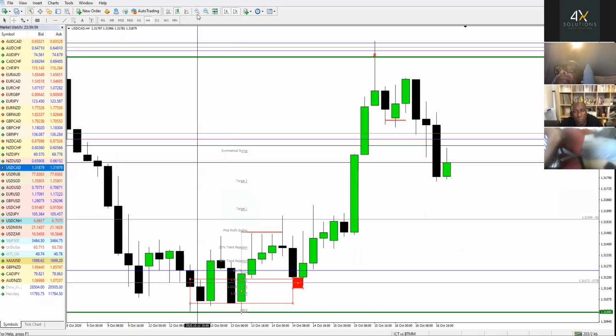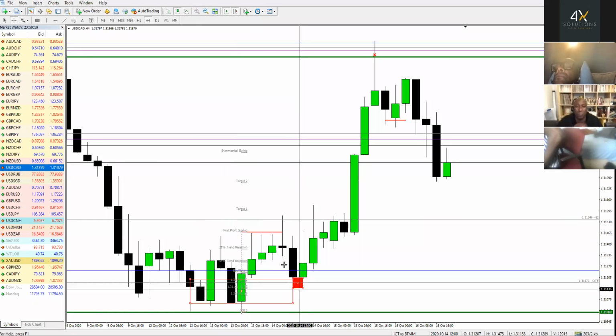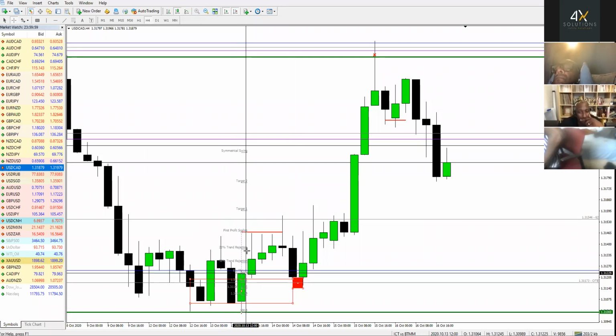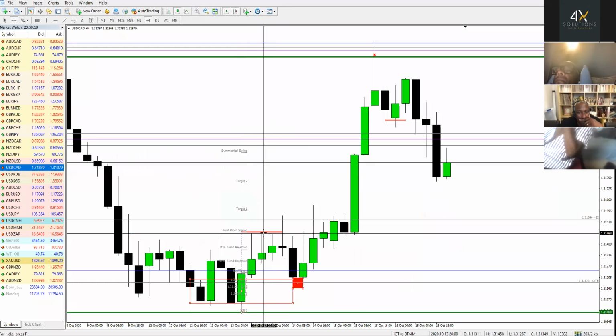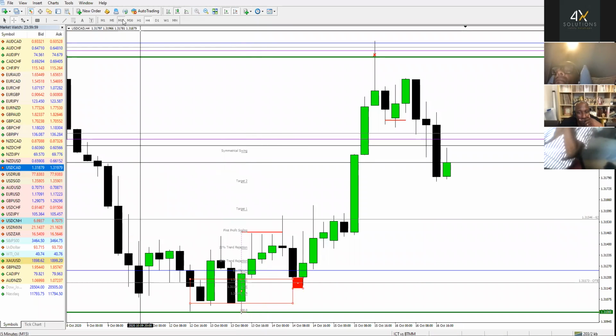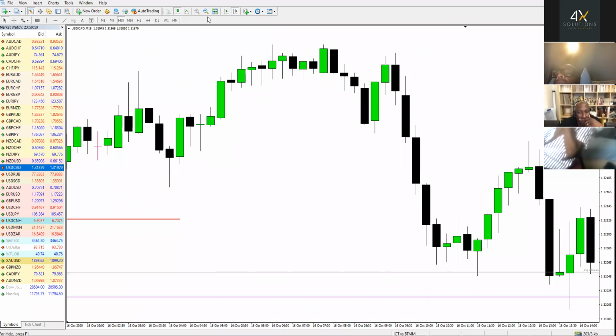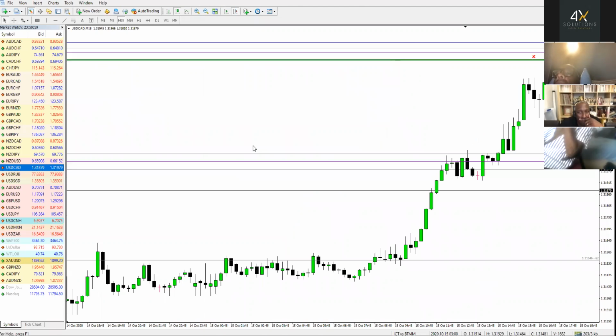If we zoom in there, this dark red box over here is that IPL entry technique I've showed you to enter the trade on the 15-minute chart. From the round number IPL to the highest body is where we took our entry on the 15-minute chart over here at that same zone.